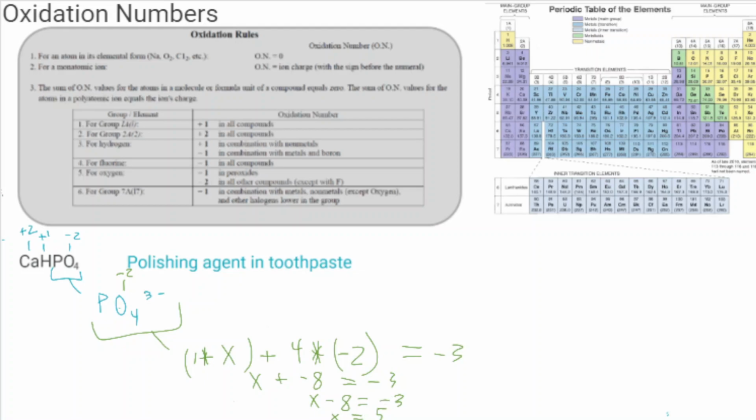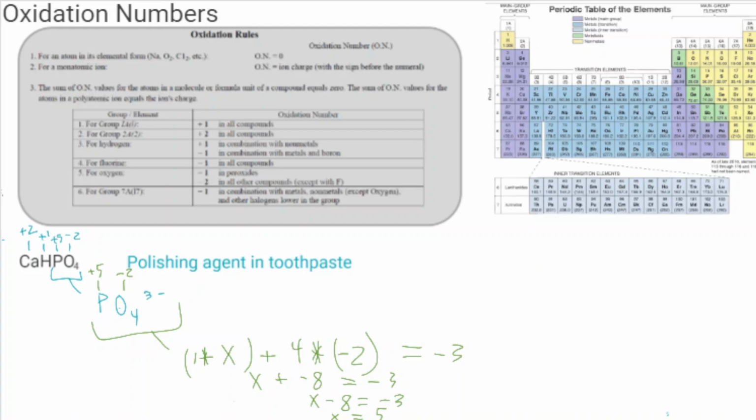And so if you know what your oxidation numbers are for your polyatomic ions, that holds true when you combine them with other species. Whenever you see this PO4, you'll know that the phosphorus is going to be a +5, and the oxygens are going to be a -2.